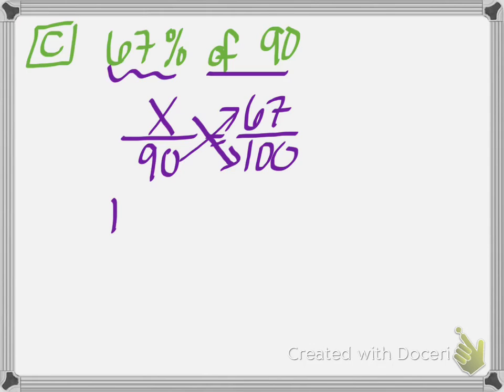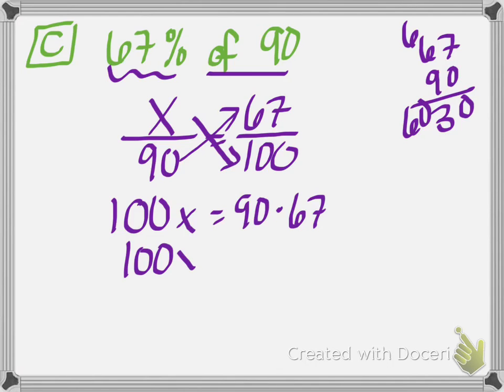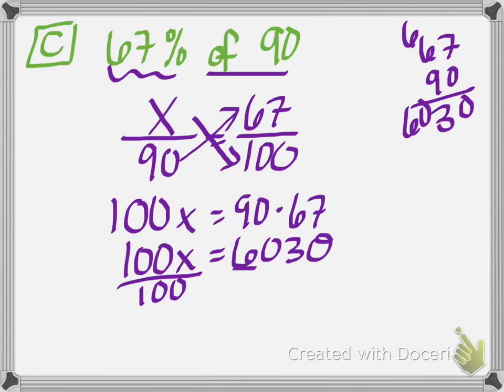X times 100 is 100x equals 90 times 67. I'm going to do it off to the side. I'm not going to do it in my mind just in case I make an error. 100x equals 6,030.